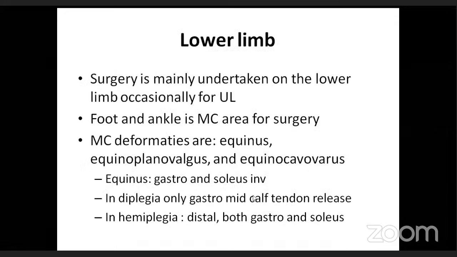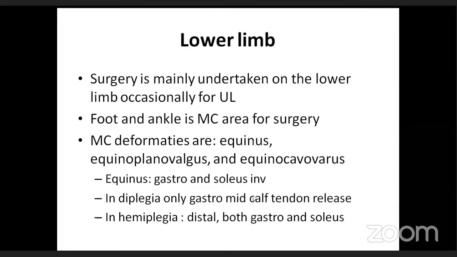Now, common surgeries which they undertake, most commonly it is being done in lower limbs. Foot and ankle is the most common area which is affected, and the most common area the orthopedic team operates. The most common deformities are equinus, equinoplanovalgus, and equinocavovarus. Now, in equinus, it's basically caused by the involvement of gastro and soleus.